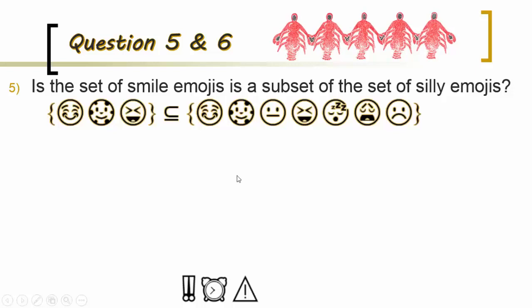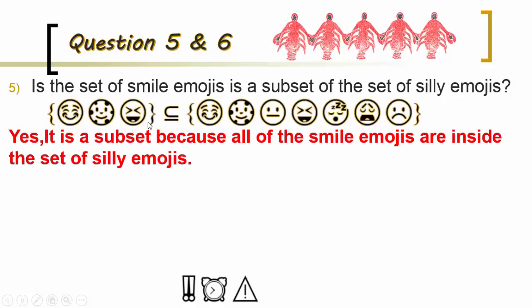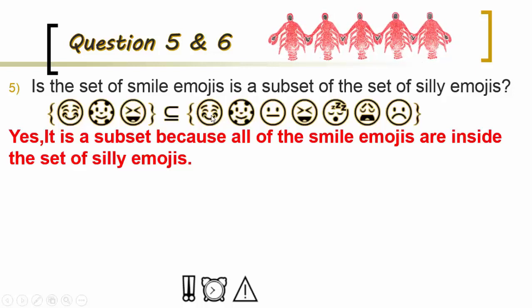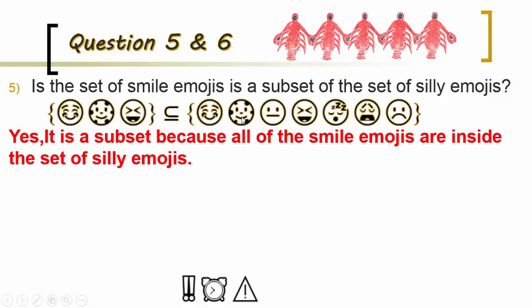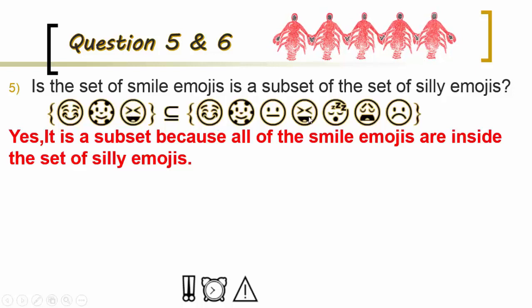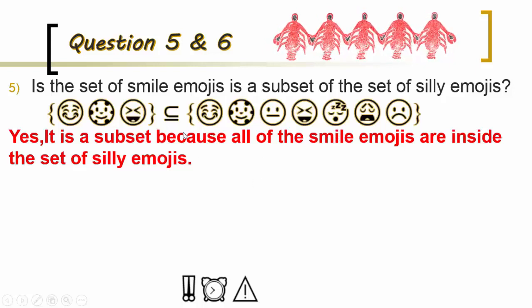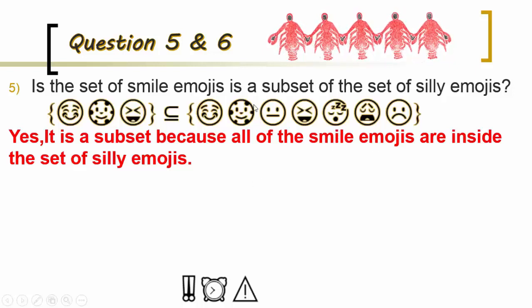So yes, we can say, indeed, it is a subset, because all these smiley emojis are here: we have this one, there it is, and we have the one with the freckles, there it is, and then we have this one, there it is. So all of these emojis are in this set, inside our original, bigger set.